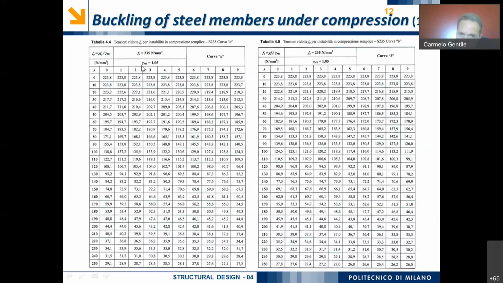The value of the safety coefficient is gamma M1 equal to 1.05. And let us understand how this table works. So this table is given in terms of the slenderness.